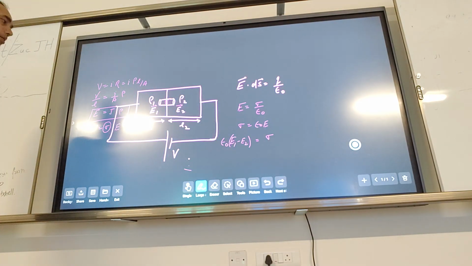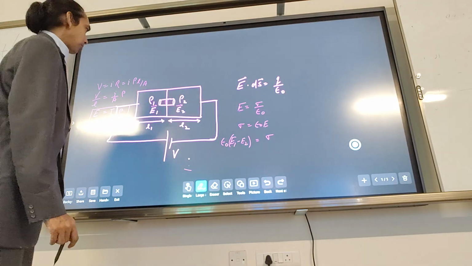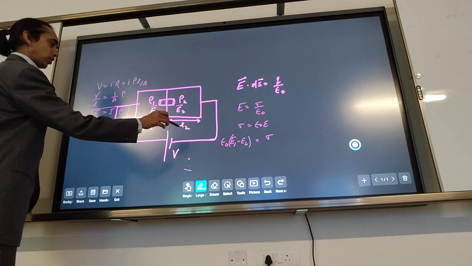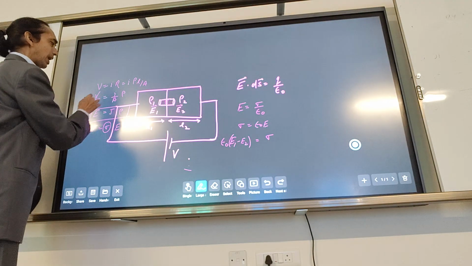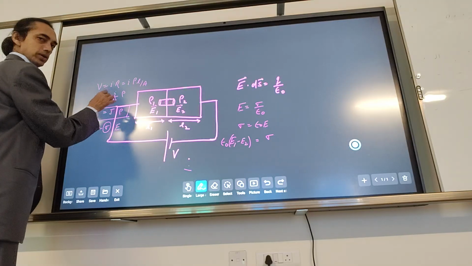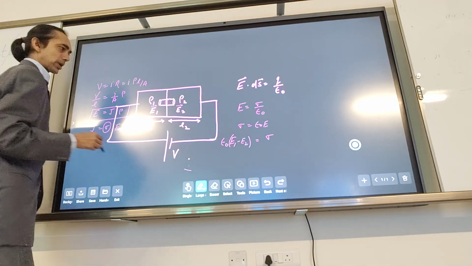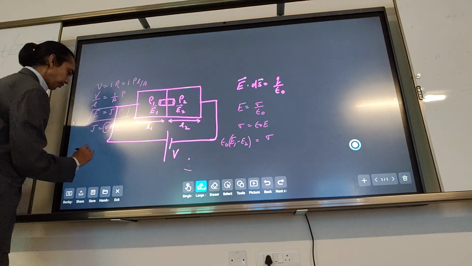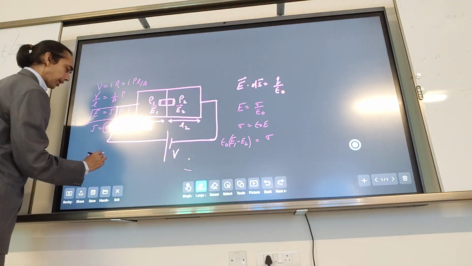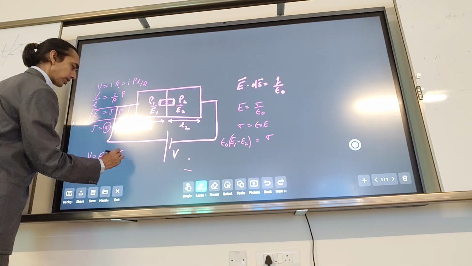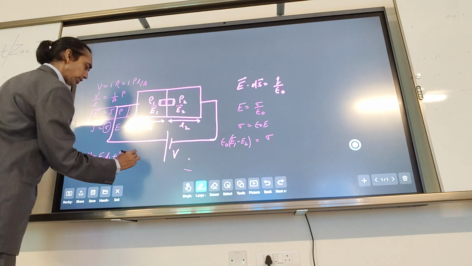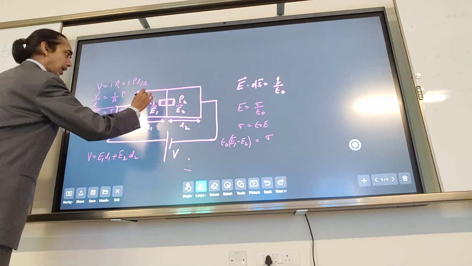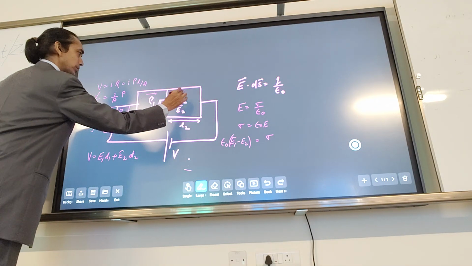What next? We can now mark J on one side, J on the other side. This formula I will be making use of. Also known to us is V equals E1 d1 plus E2 d2. Can we take the current same? If current I is flowing through this, then I will flow through this as well.